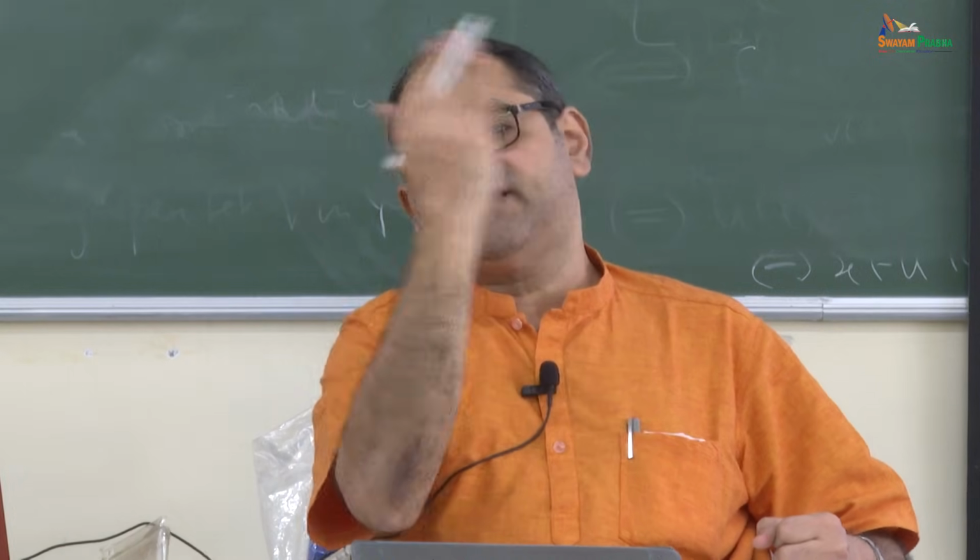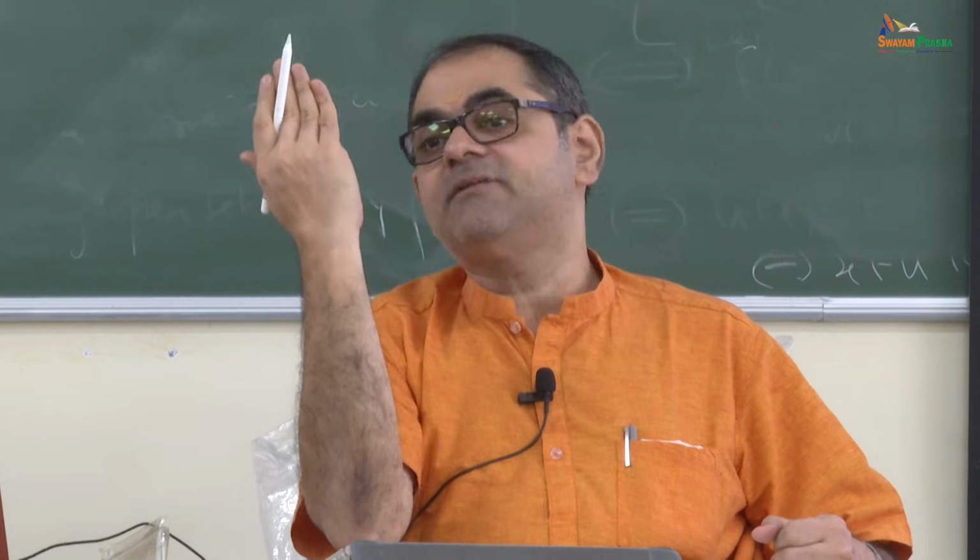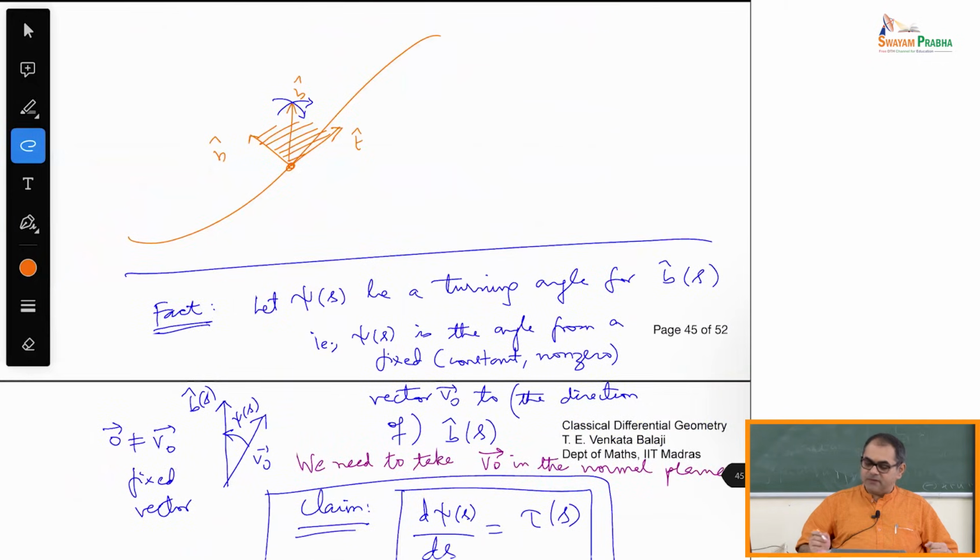So this change in the binormal is occurring instantaneously only in the normal plane, and therefore you should ideally take a turning angle only with respect to a constant unit vector in the normal plane. That is very, very important, so the definition has to be given carefully.